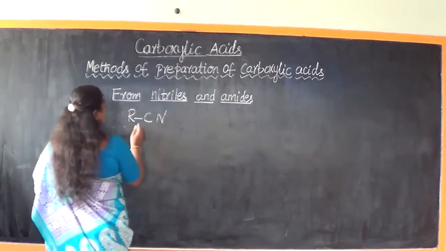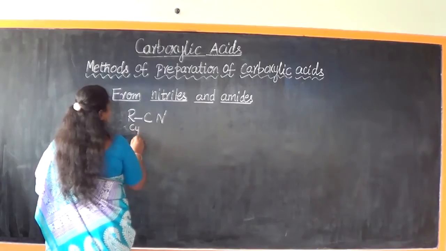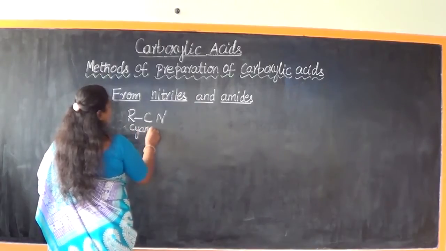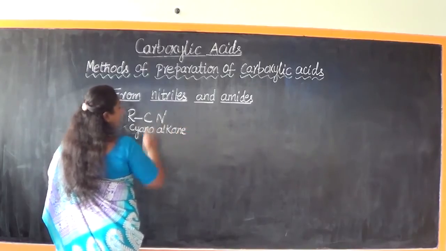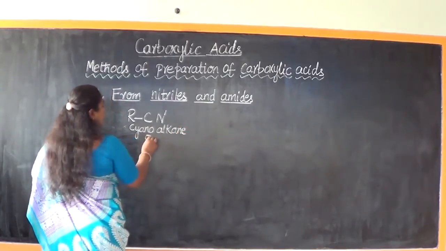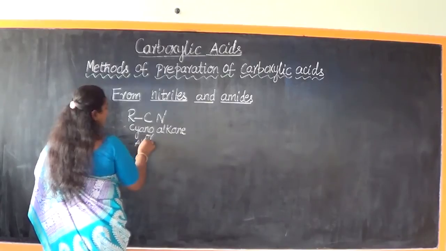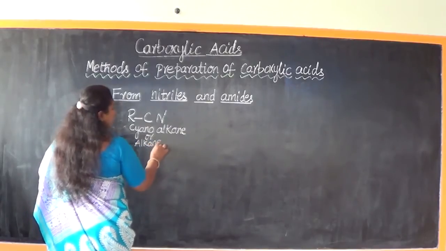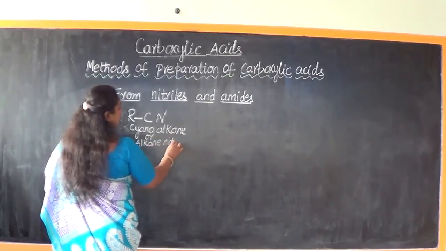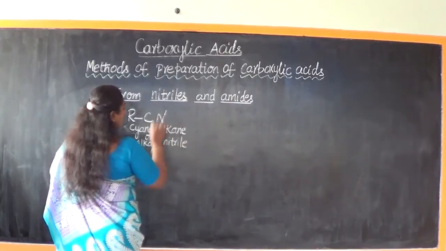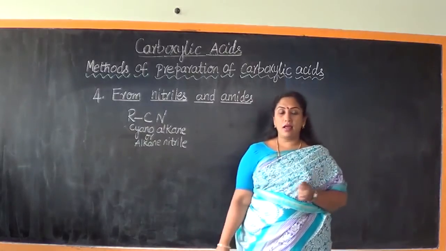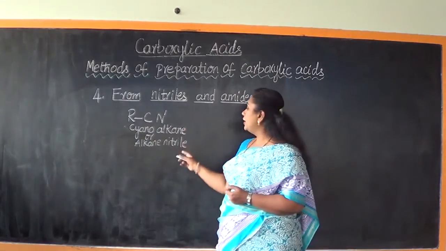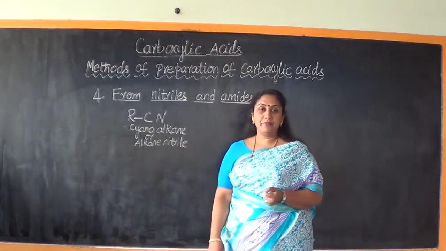So we can call this cyanoalkane, or else we can also call this alkane nitrile. Cyanoalkane or alkane nitrile. Both are IUPAC nomenclature.